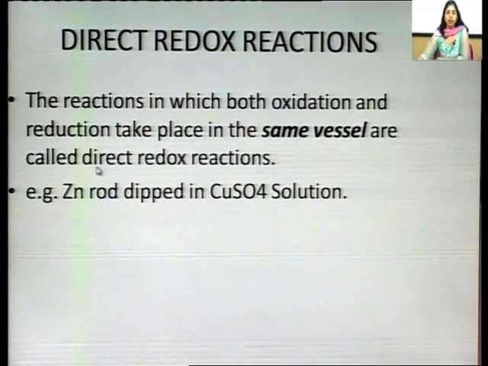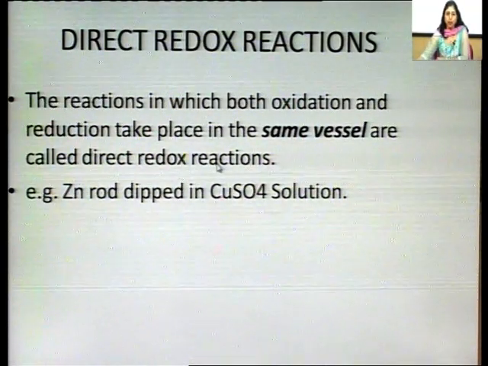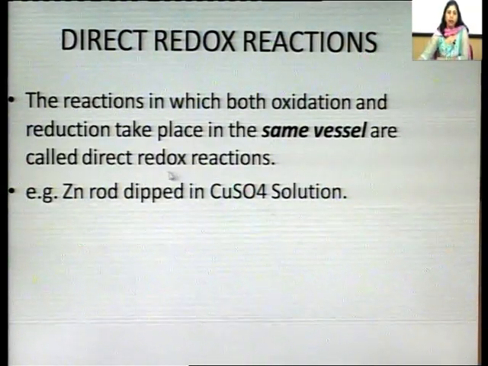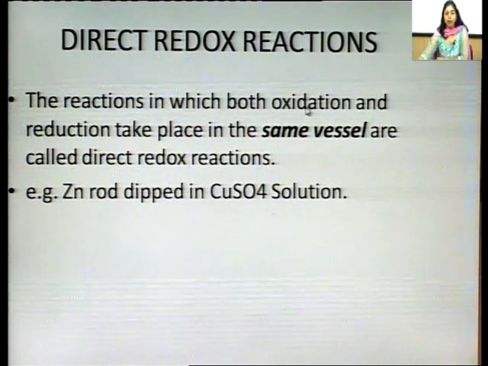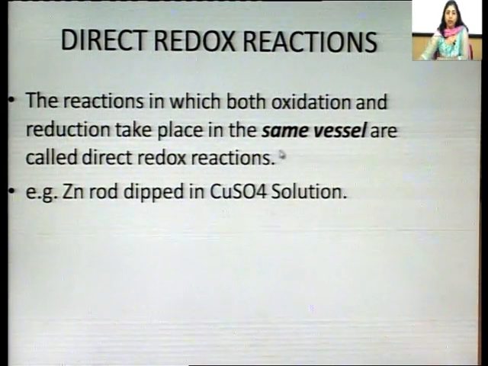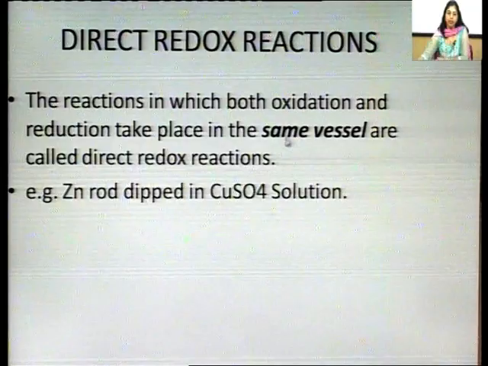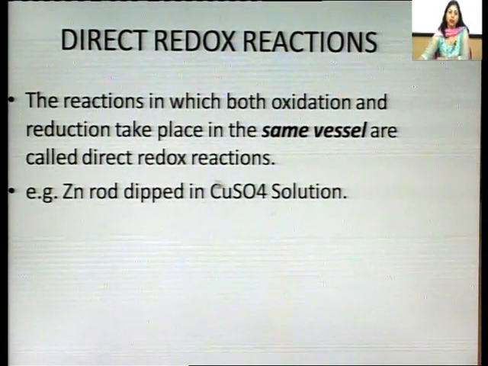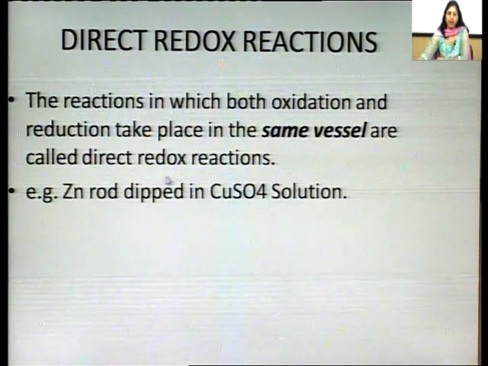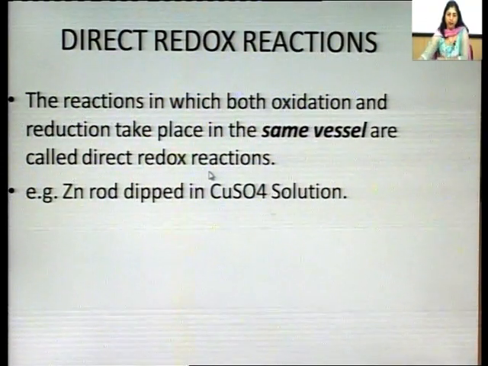That is why they are known as direct redox reactions. Clear? So, let me tell you again, the process in which both oxidation and reduction are taking place in the same vessel and they are in direct contact, that kind of reactions are known as direct redox reactions.